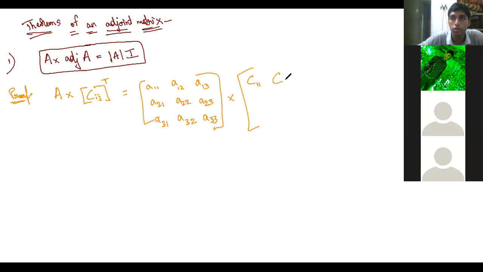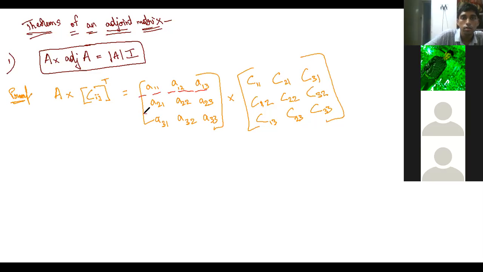C21. Why C21? Why not C12? Because we are taking transpose. Transpose. Next. C31. Yeah. C12. Then C22, C32, C13, C23, C33.